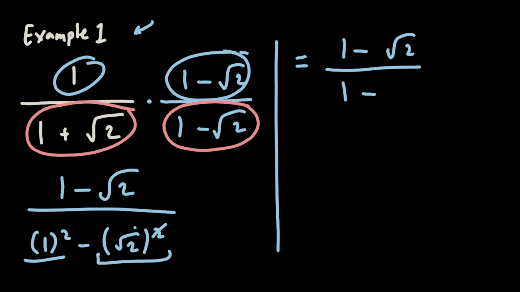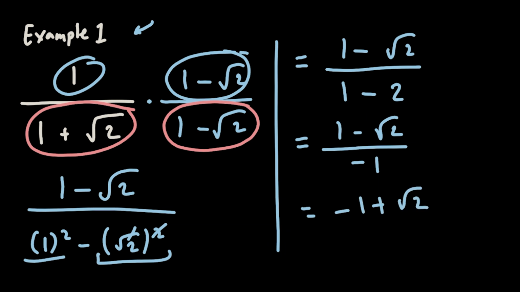The 2 and the square will be cancelled, so the remaining will be 2. And that equals 1 minus the square root of 2 over minus 1, which equals minus 1 plus the square root of 2. And as you can notice, we cannot simplify this further, so this is the final solution.